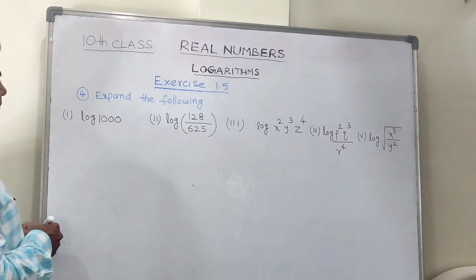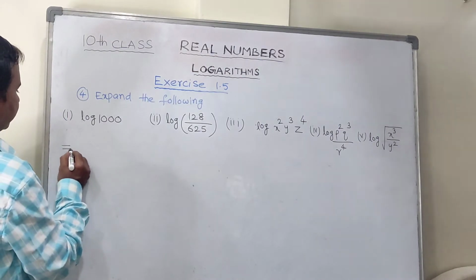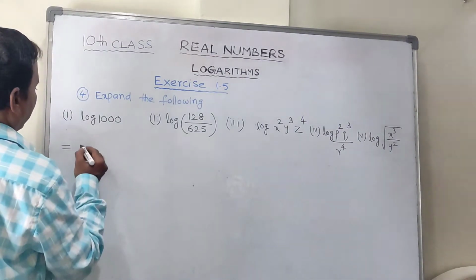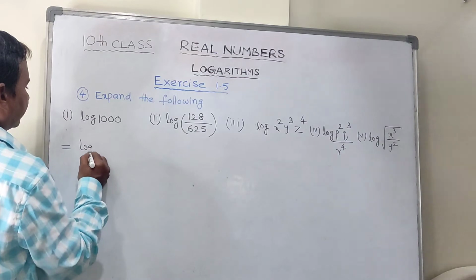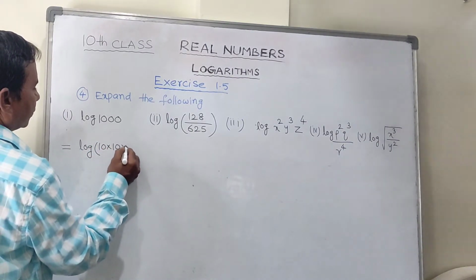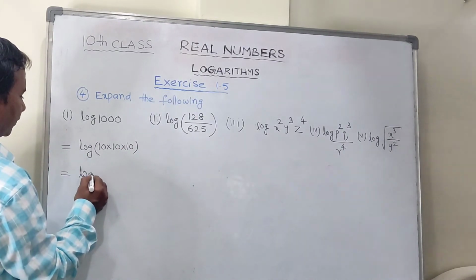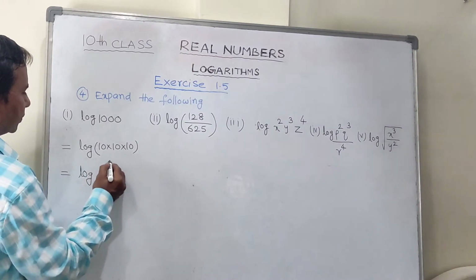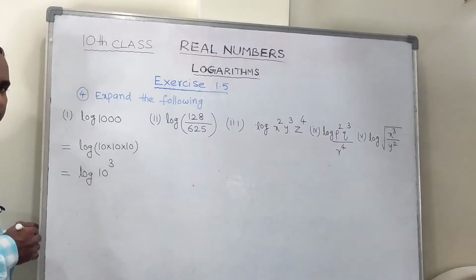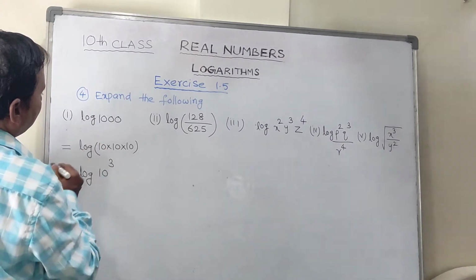Expand the following. First question is log 1000. Ten into 10 into 10, 10 to the power of 3. As you are seeing that here base is not given.